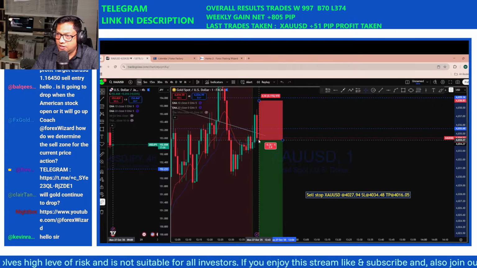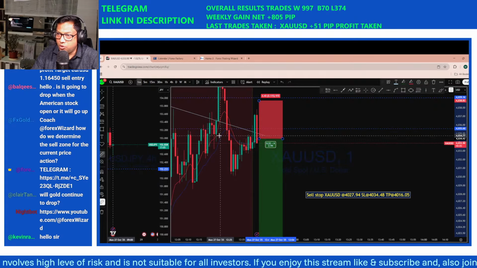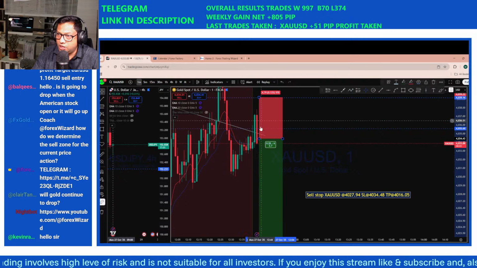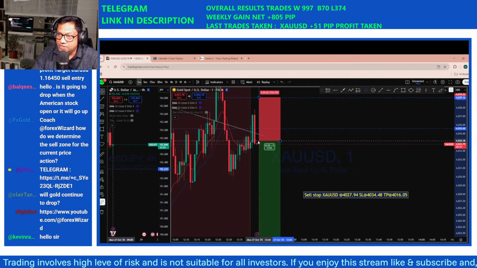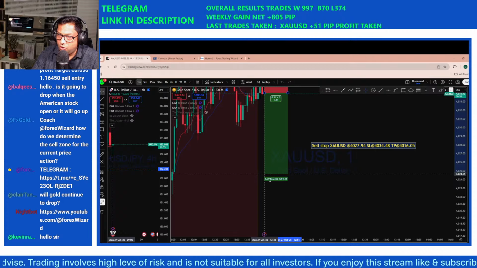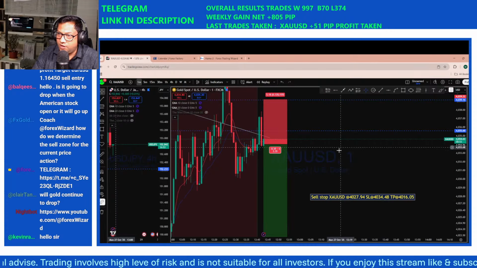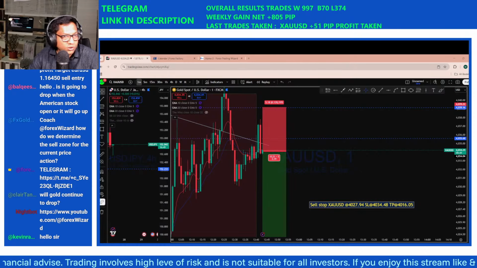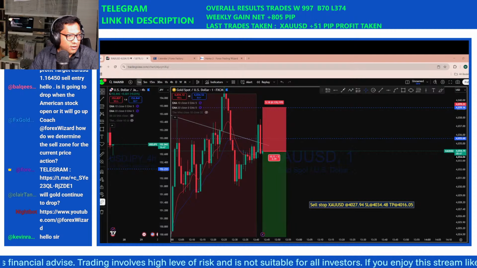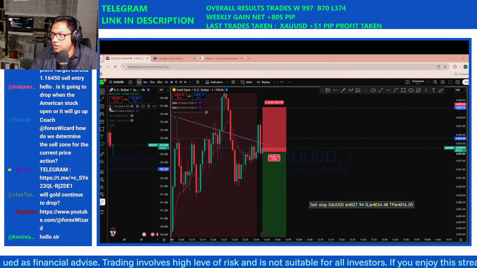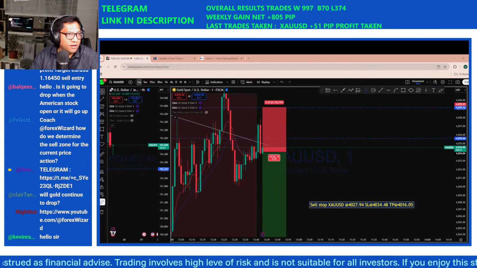This is a rejection here, with a very tight stop loss, expecting the market to potentially remain bearish. So I'm going to sell this market by market for this potential break below to this support level here, keeping stop loss above this 4039.